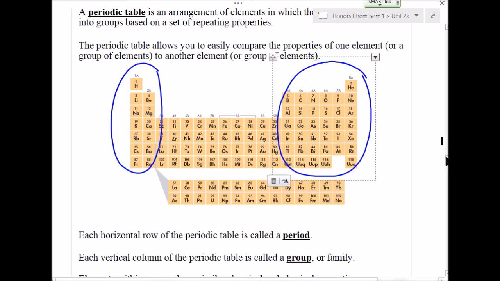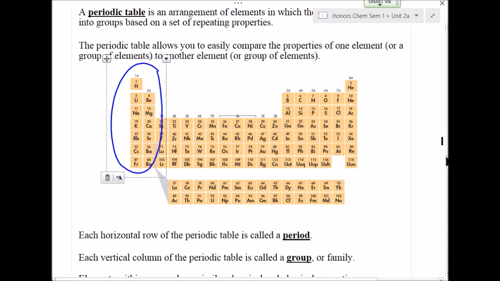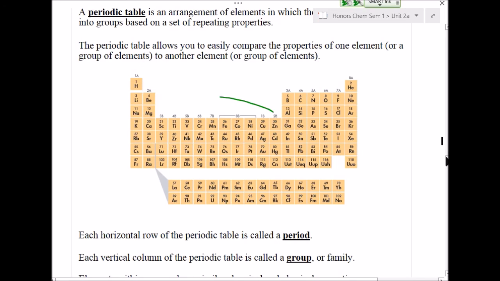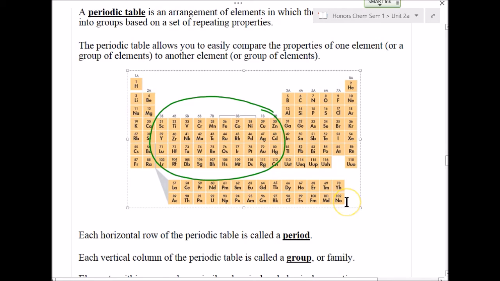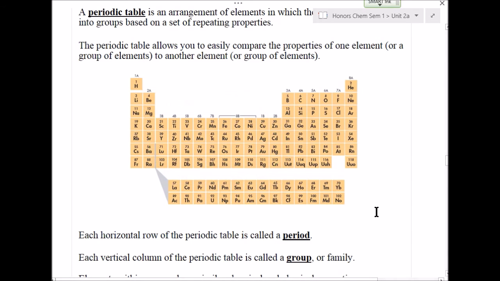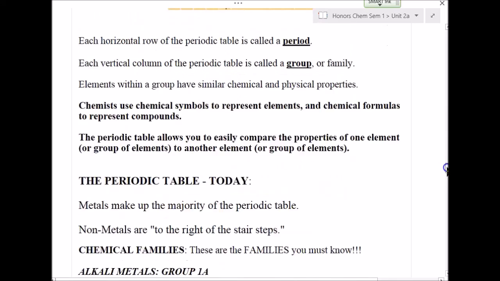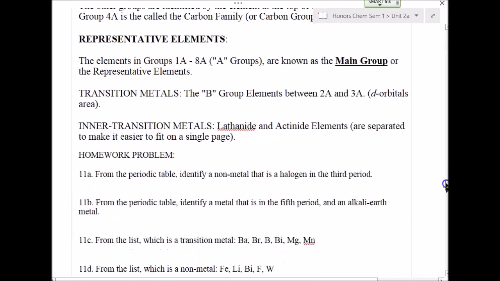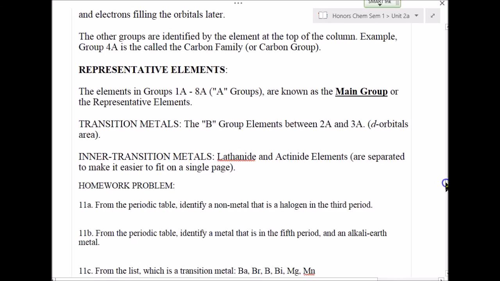The transition metals are right here in the middle. And then the bottom two rows represent our inner transition metals. So you've got representative, transition, inner transition. And I believe that is it.